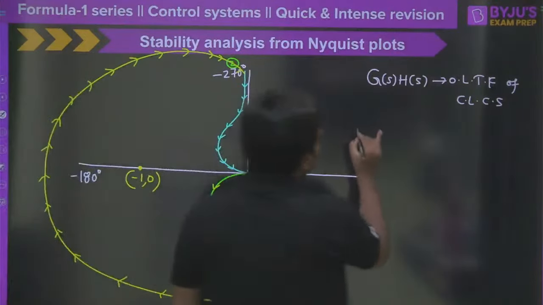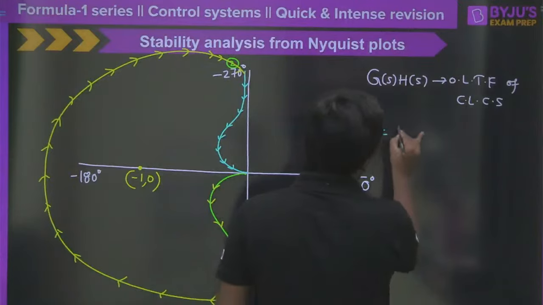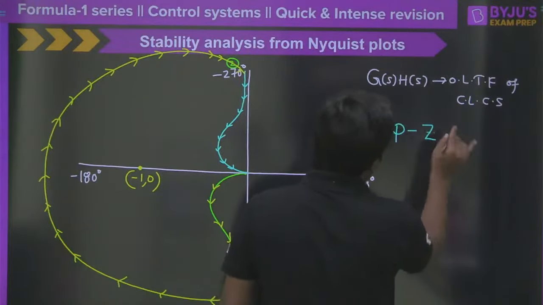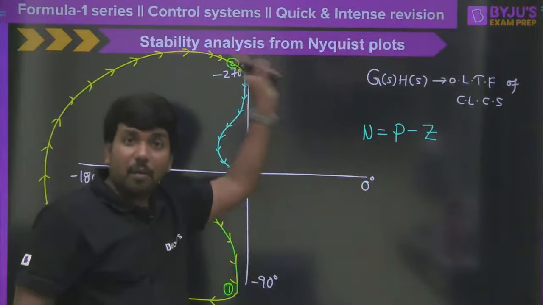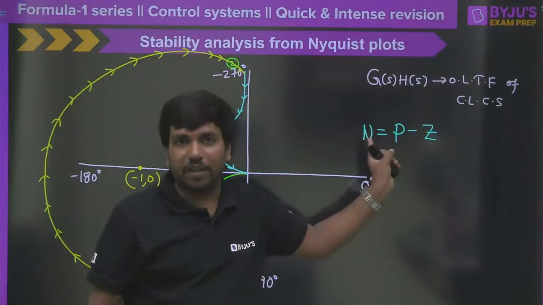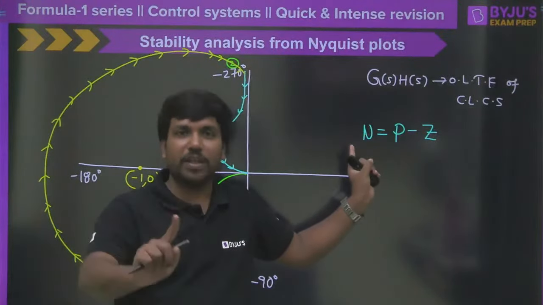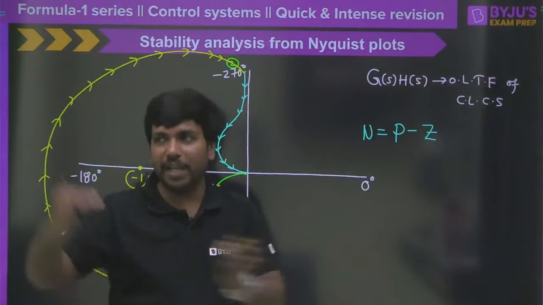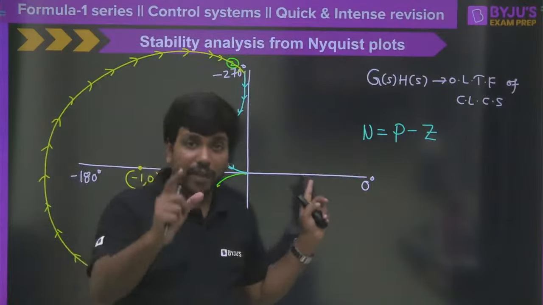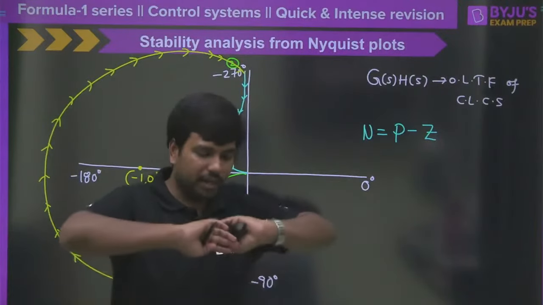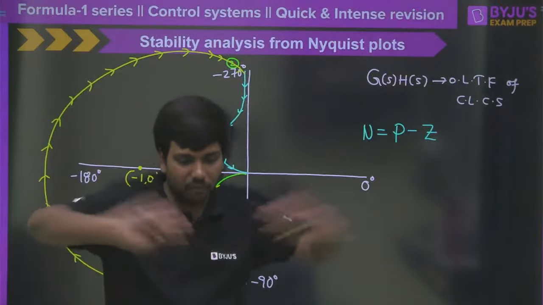So here we have a great formula from Cauchy's theorem, right? Those who want the mathematical proof, physical significance and practical implications of this, you refer to the Nyquist plot lectures in my lectures, that is in the app. I have taken around 7 lectures only on the Nyquist plot. It is explained in detail, each and everything, right?